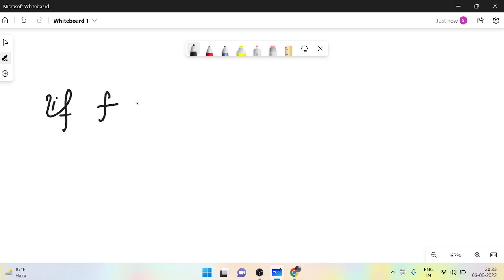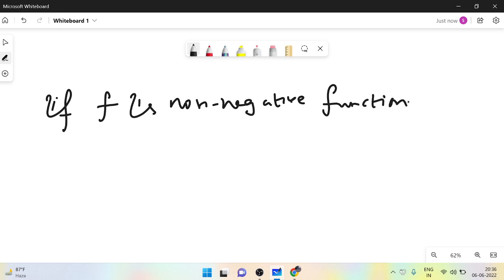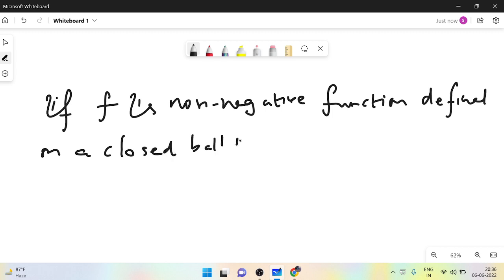If f is a non-negative function defined on a closed ball in Rn with radius R and center x naught.